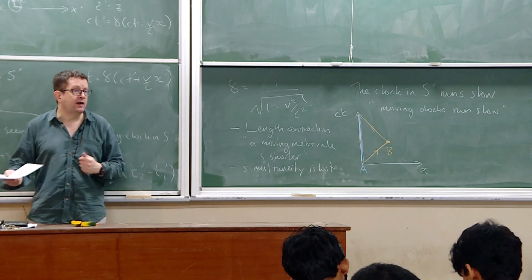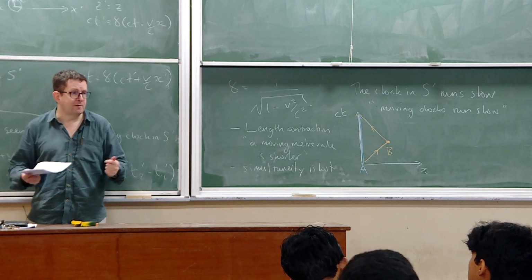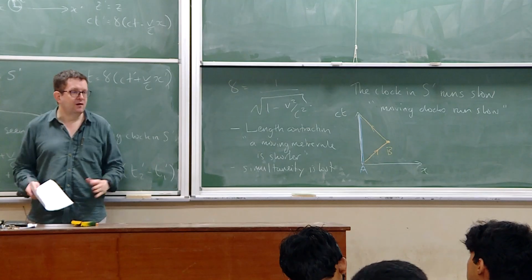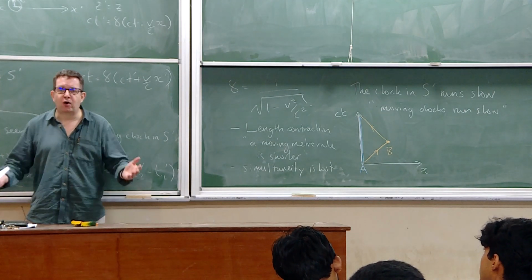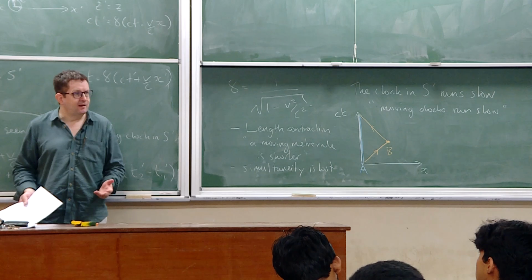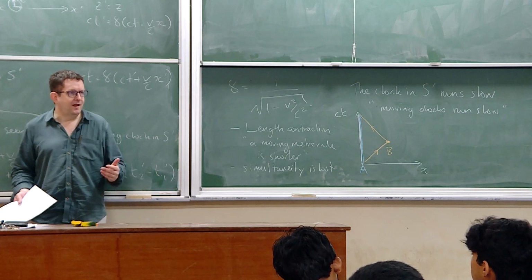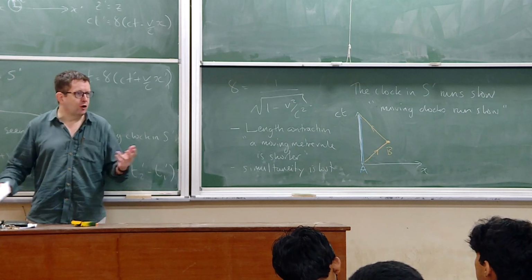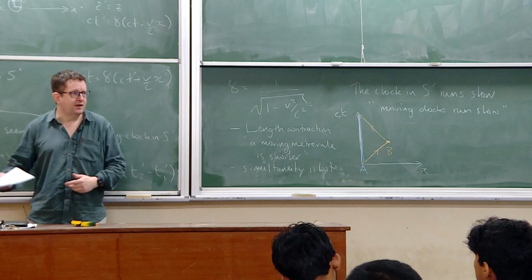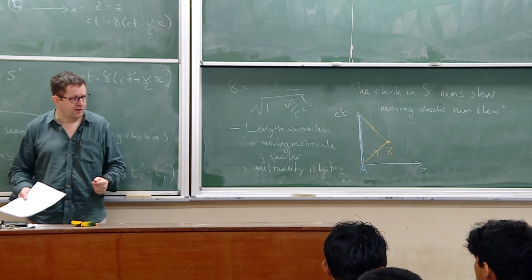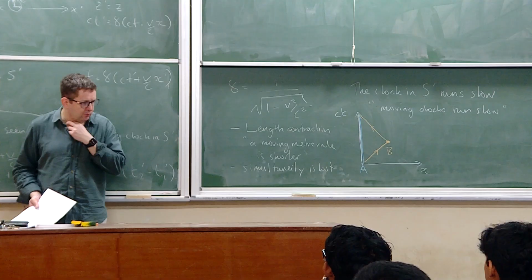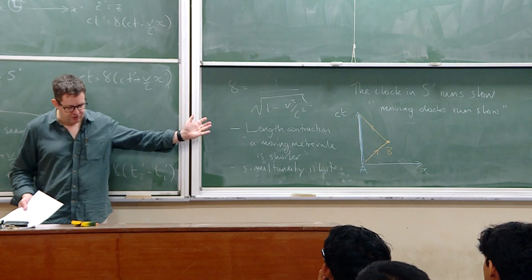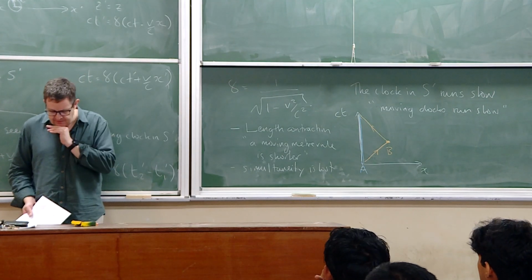So you lose the idea of simultaneous events. It becomes a frame-specific quantity. It's straightforward to show in the end. And this kind of bothers people, but it shouldn't really, okay? It just means that your clocks are different, you're measuring things differently, they're positioned differently in your two frames, so they will appear different to you depending on where you are, whether you're in inertial frame S or S prime.